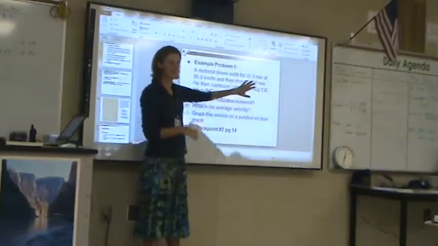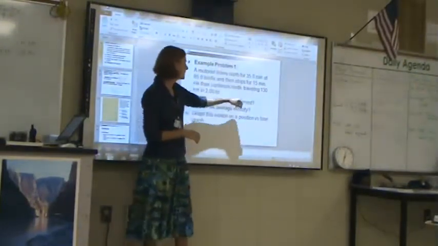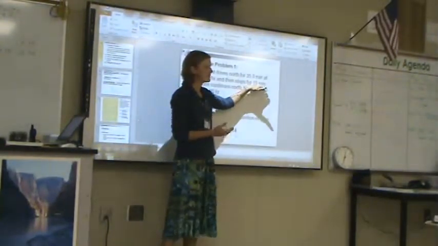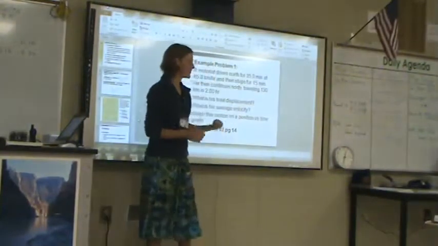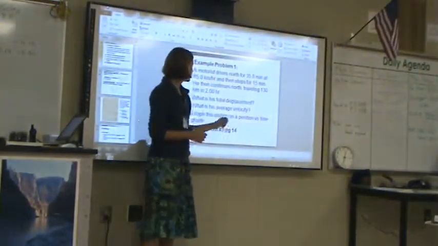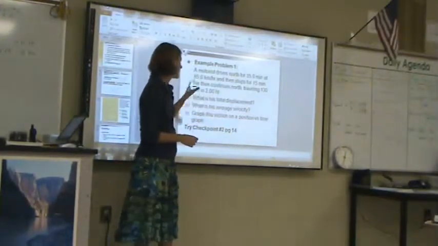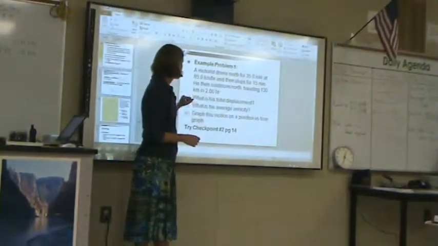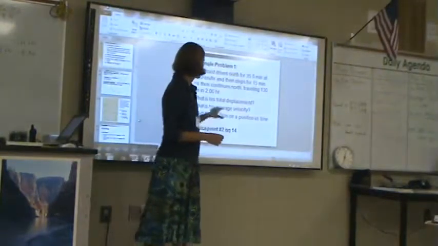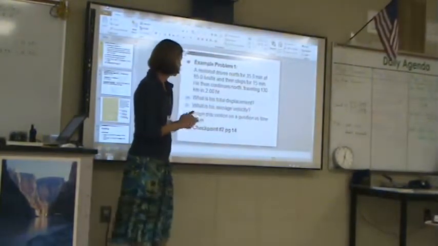I would consider that part one of the trip. Then he stops. Little part, but I still consider that separately. And then he continues again, traveling 130 kilometers in 2 hours, which would not be the same speed. So we've got 3 parts of this trip.